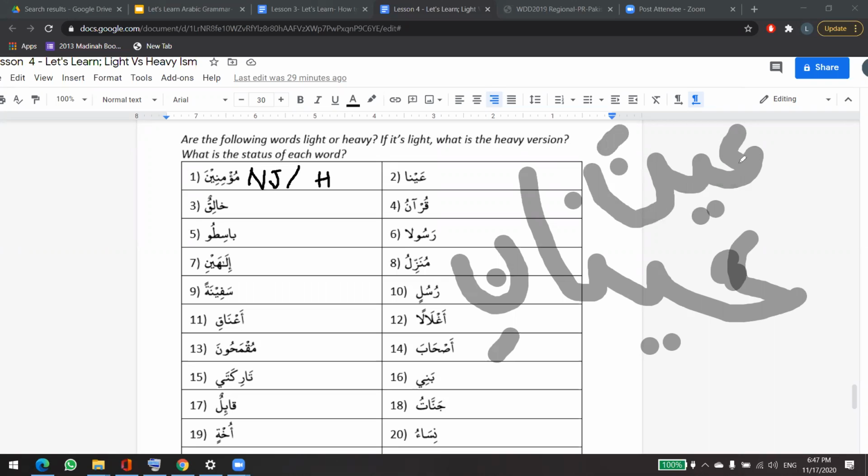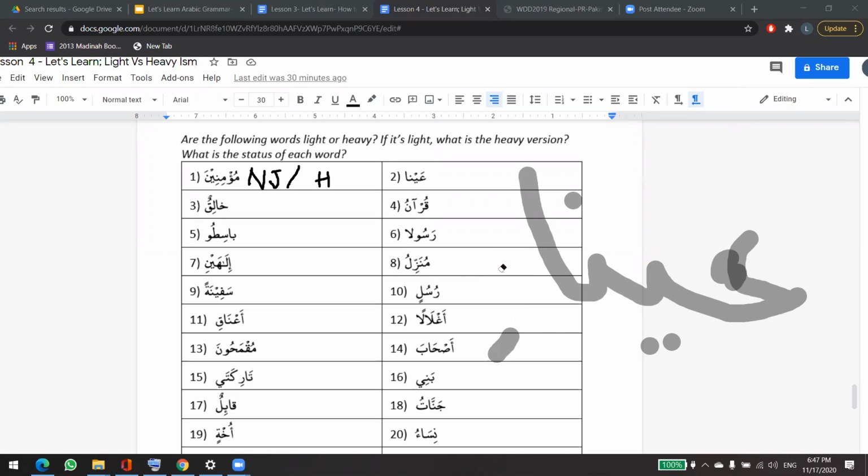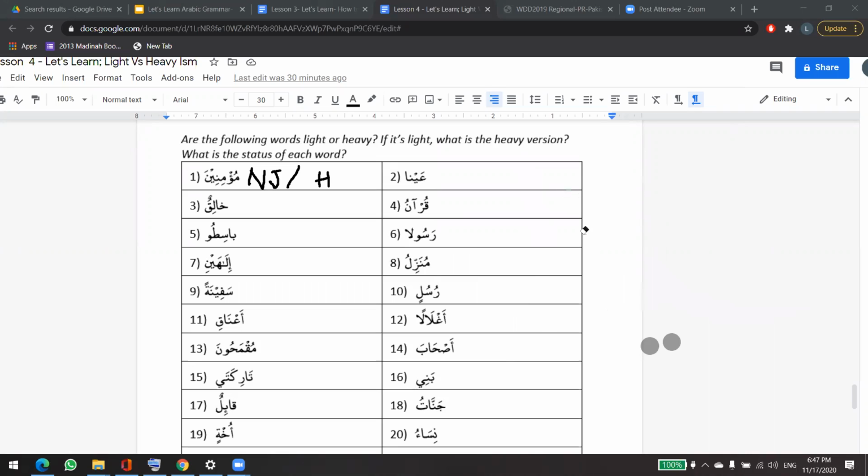Aina. Do you see aina here? Is it an ending sound? No, it's not an ending sound. It's this one. Ainani, the original heavy form is ainani, and you remove the extra noon, and then it becomes aina. So this is ending combination, rafa.